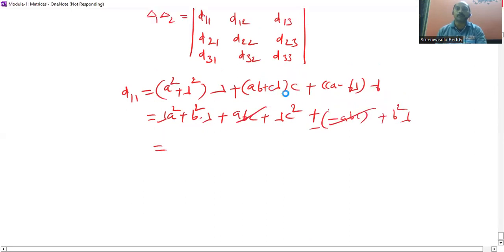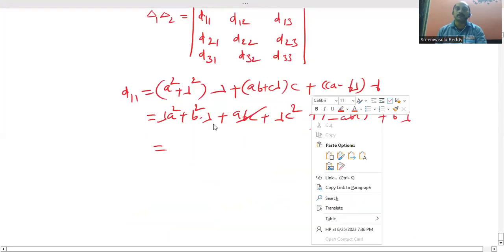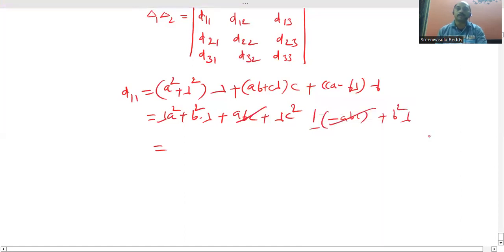B minus B. Okay. Minus into minus B square. Somewhere we get here lambda square into lambda, not B. In this term, lambda square into lambda, not B. This is a lambda.